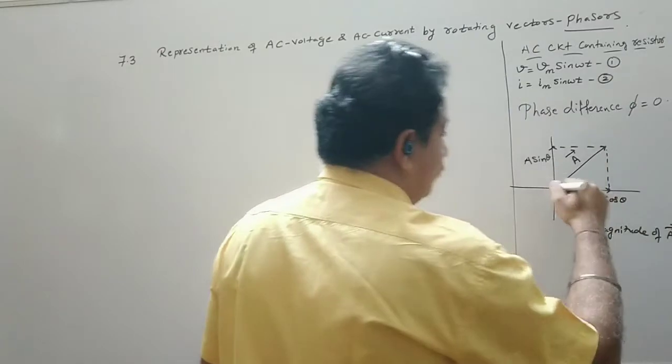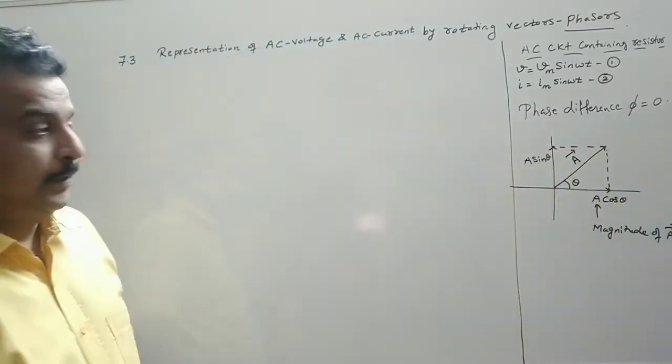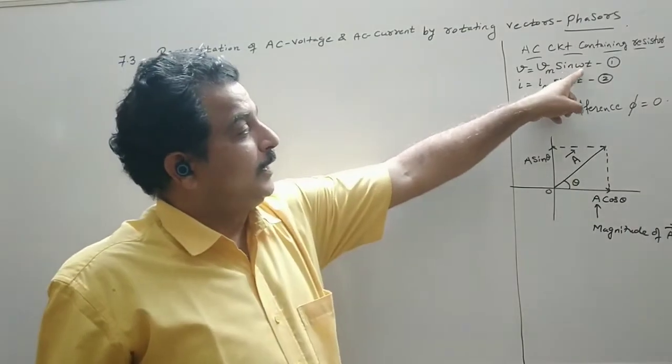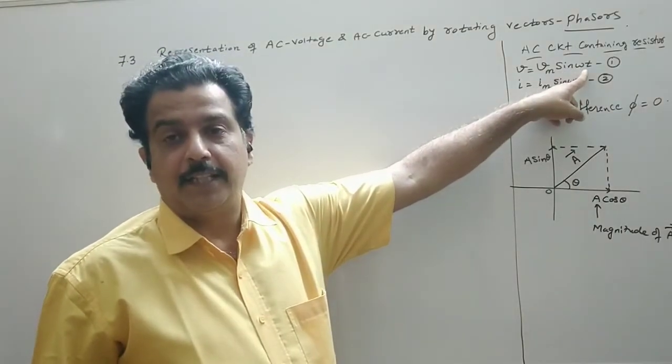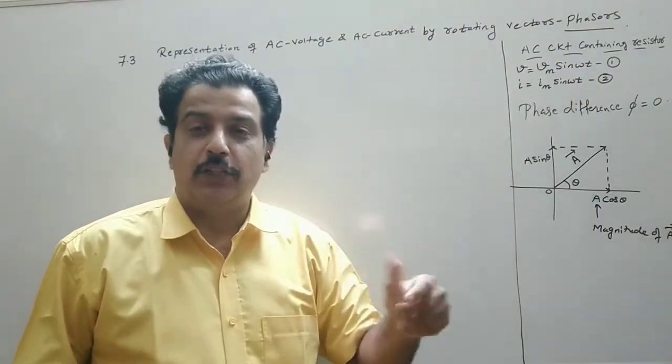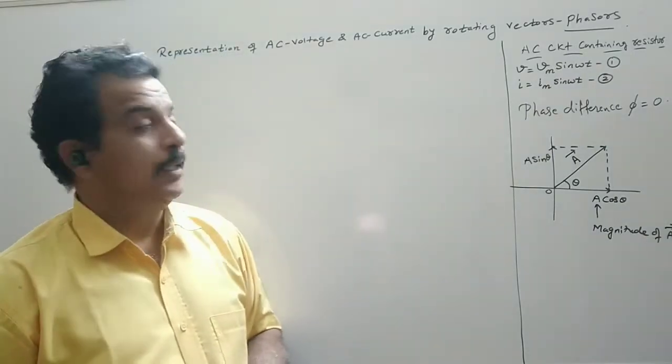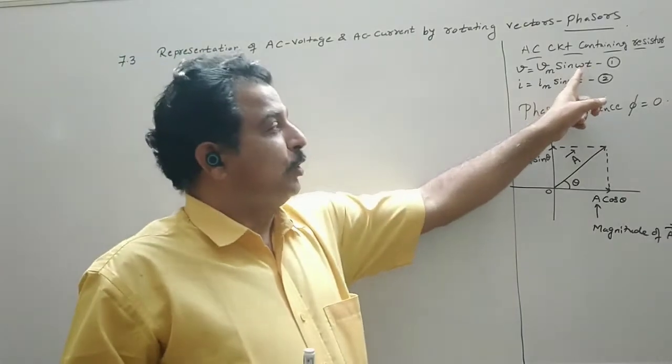Now as this vector rotates, it means if the angle changes, and if you remember, this omega t is nothing but a theta. So in AC generator, we replace this angular displacement by omega t. So this is our theta.